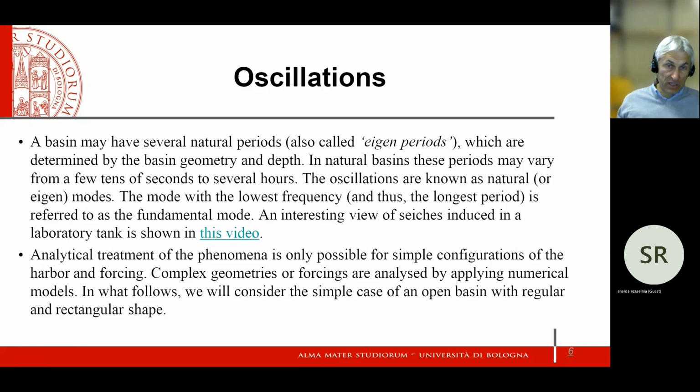A numerical model means that these equations are solved numerically. The numerical model is generally used when an analytical solution is impractical, and in particular, it is used when the geometry becomes complicated.